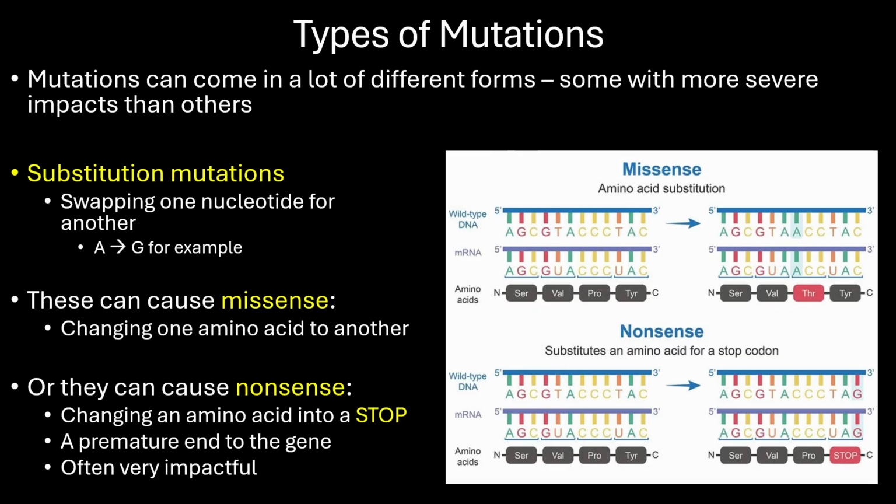Or it can cause nonsense, as in we could potentially create a stop codon right in the middle of this gene and prematurely end it when it goes to be translated. This can be especially impactful a lot of the time. I should note it's also possible, again, for a substitution mutation to have no impact on the resulting protein. That is very possible as well.